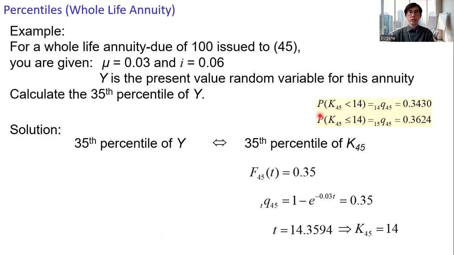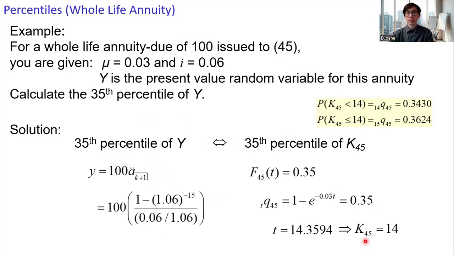All right, the expression for Y, this is an annuity due. So we have 100, the annuity payment, times a-double-dot angle K plus 1, and K is 14. Upon calculation, we get the answer, 1029.5.